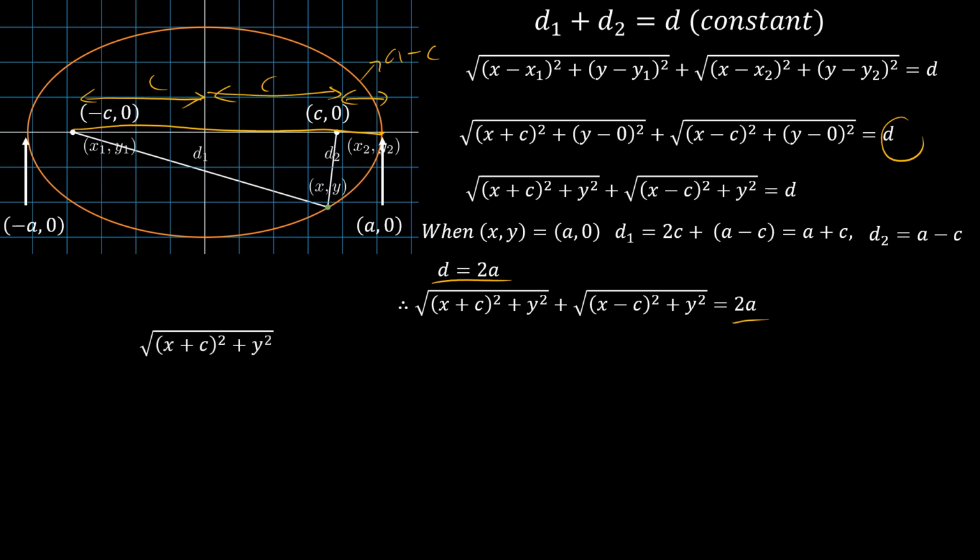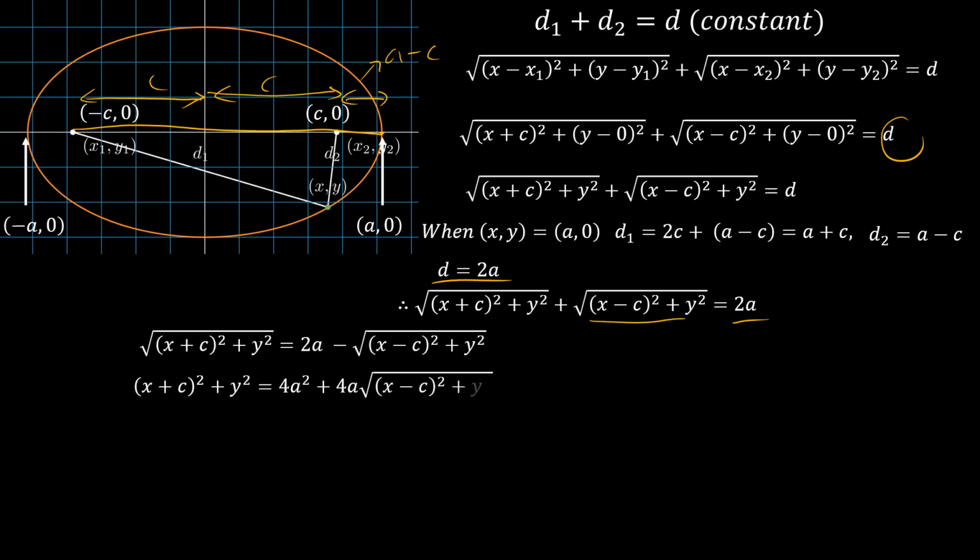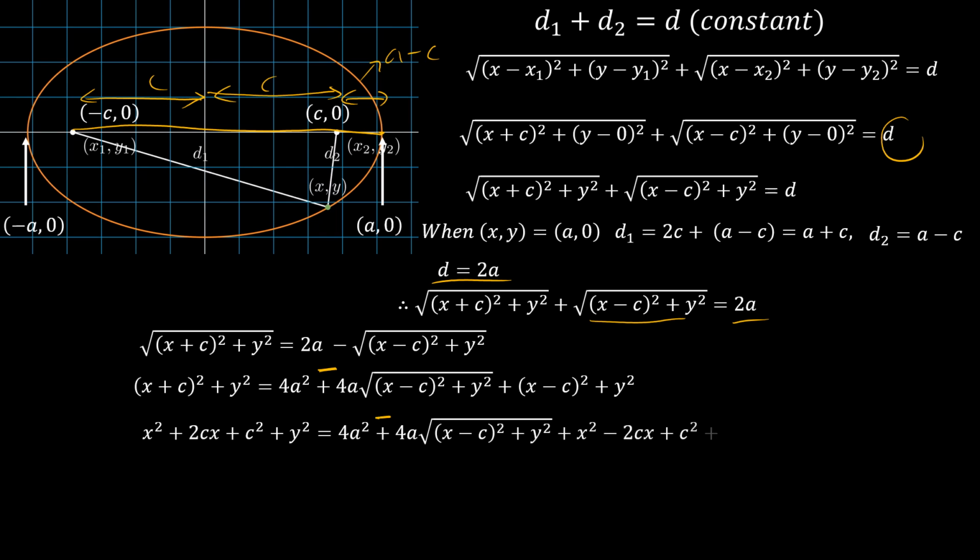And so you can now take this onto the right hand side. So we have things shuffled around, and if we square both sides, the square root sign drops off, and then we have 4a squared plus 4a. This is actually a minus, we apologize, and as we go on we see that this is still minus.